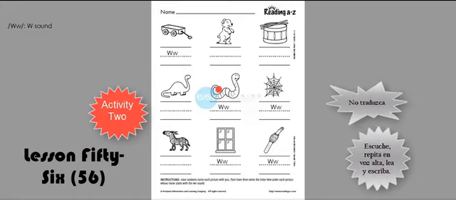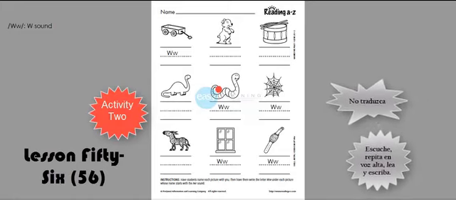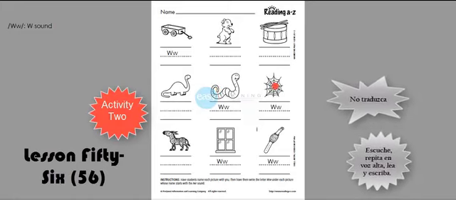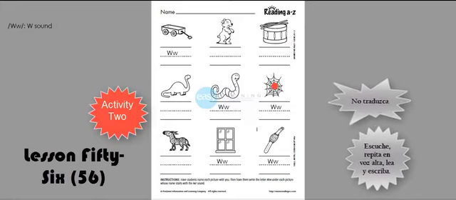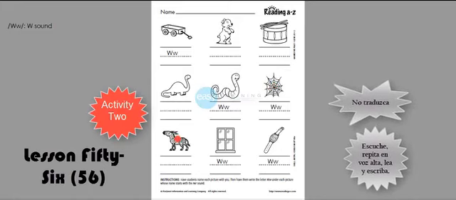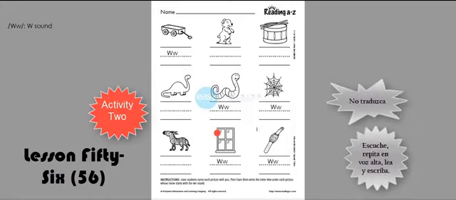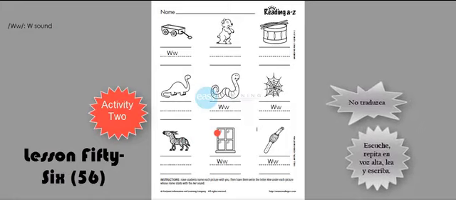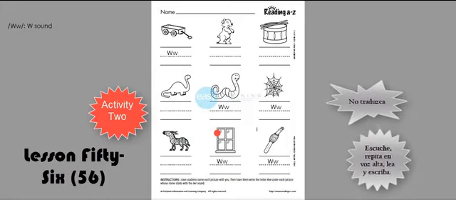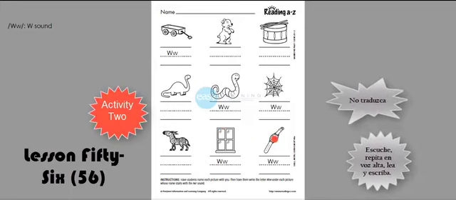Worm begins in W. Web. Web begins in the letter W. Zebra. Zebra does not begin in the letter W. Window. Window begins in W sound. And last, watch. Watch begins in the letter W.